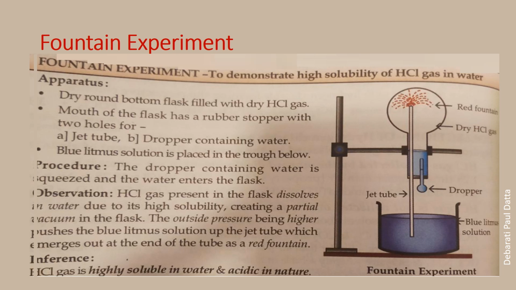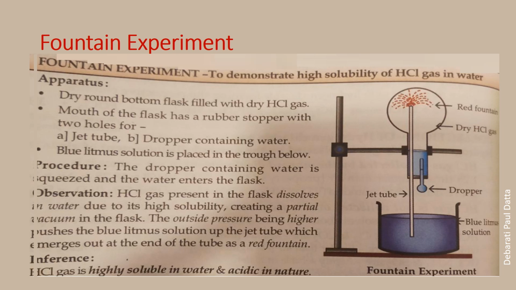It goes inside the round bottom flask. What observation do we see? HCl gas present in the flask dissolves in water due to its high solubility. I told you that the round bottom flask has dry HCl in it. So once you squeeze the dropper containing water inside the flask, that water dissolves the HCl.